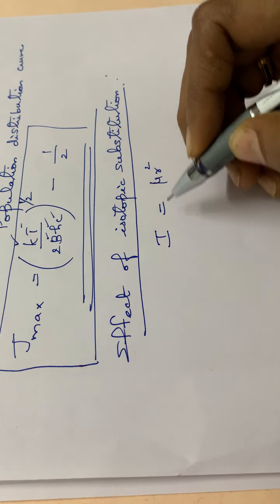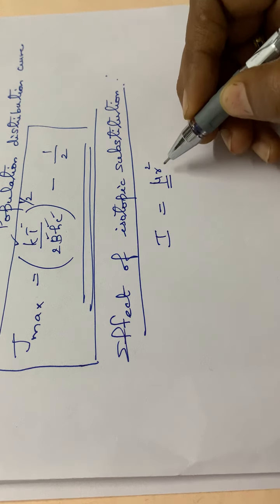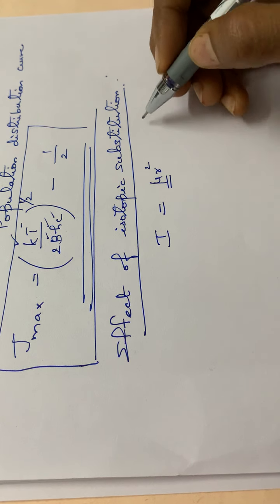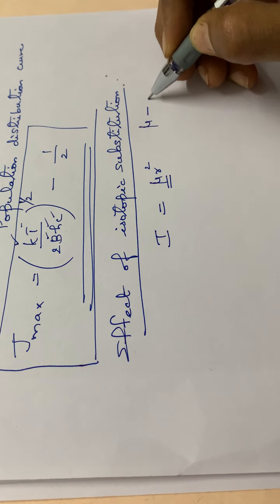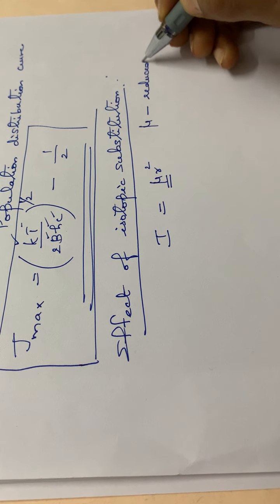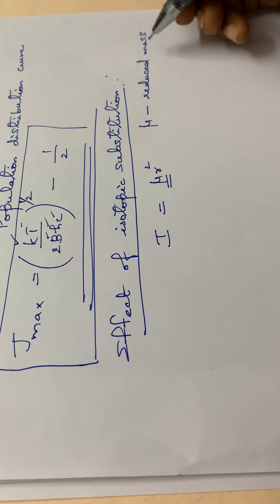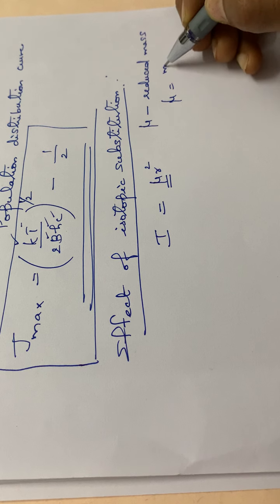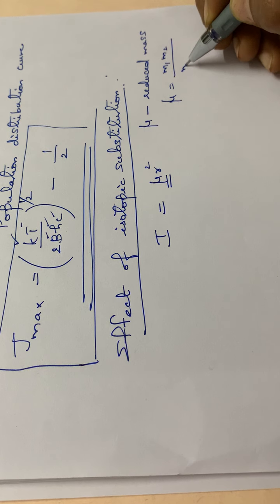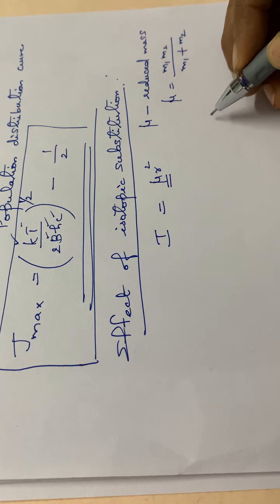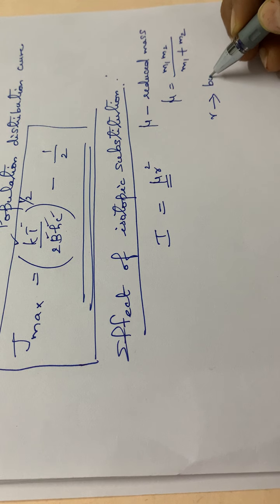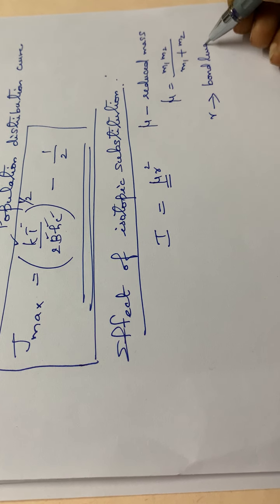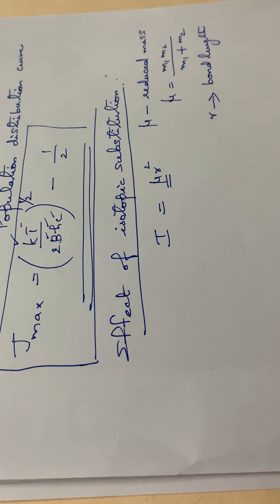So this moment of inertia depends on mu as well as the interatomic distance, where mu is the reduced mass, and mu can be calculated by the formula mu is equal to m1 m2 divided by m1 plus m2. And what is r? r is the bond length of that particular molecule.